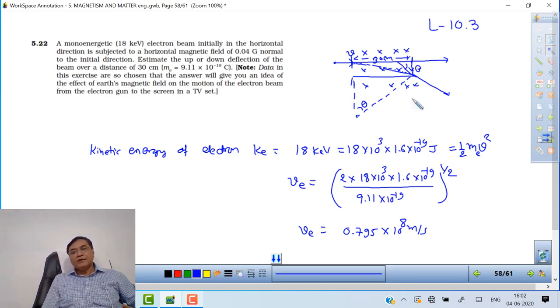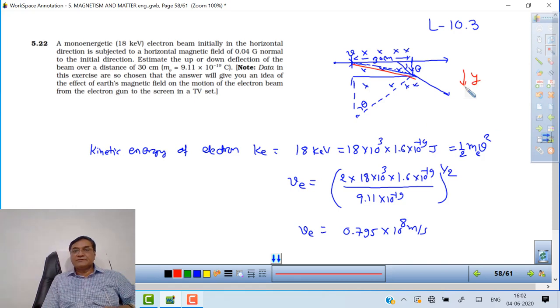It is possible. But when I use the second approach, this is deflected because of acceleration downward. So it is a displacement, suppose in the y direction.